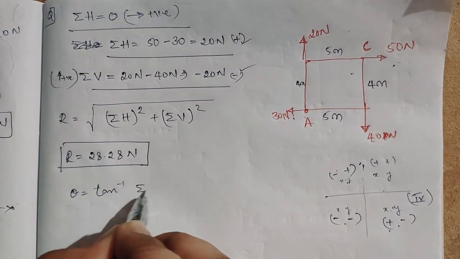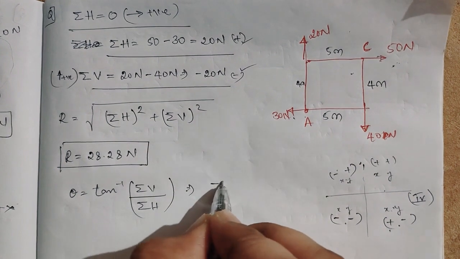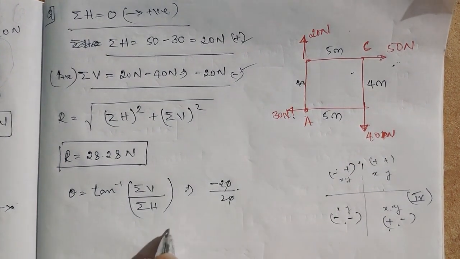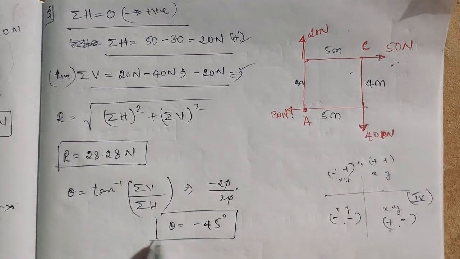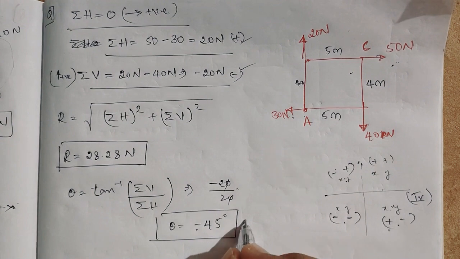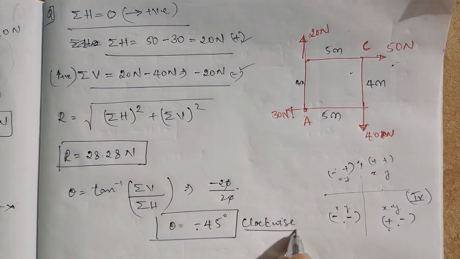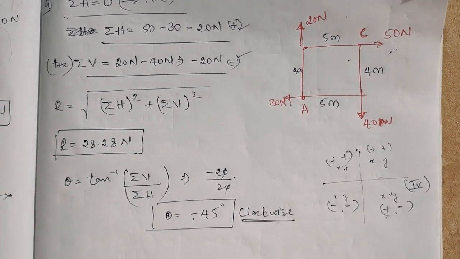Tan inverse of summation of V by summation of H, that is minus 20 by plus 20. So theta is equal to minus 45 degree. It is clockwise. For theta concept, when theta is negative, it is clockwise.